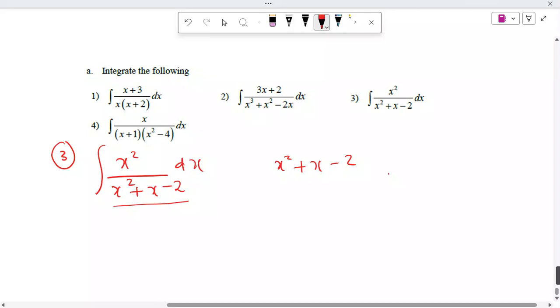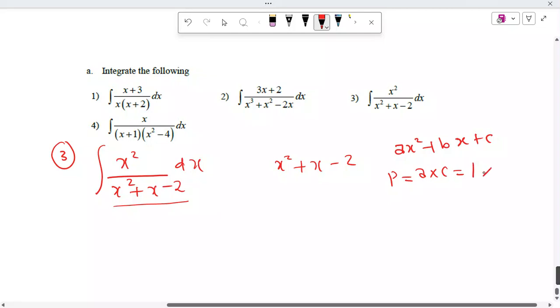Factorizing, I mentioned that first you calculate the product, which is a times c. a is the coefficient of x squared, which is 1 here.